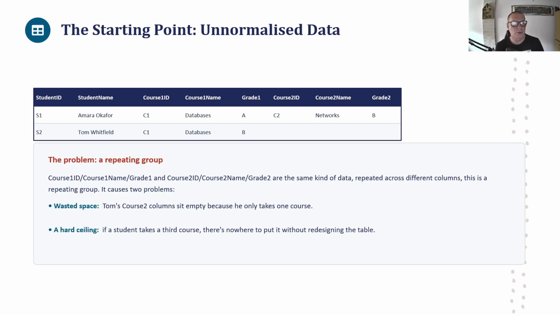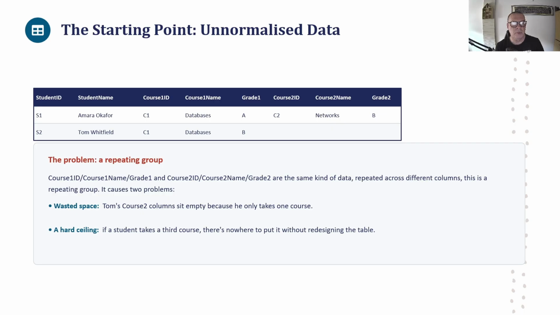Tom only does 1 course which is databases. So the problem we have here, first of all, is that this is not in first normal form because there's a repeating attribute or repeating group of attributes. We can see that the course ID and course name and grade occur twice, i.e. that's repetition.